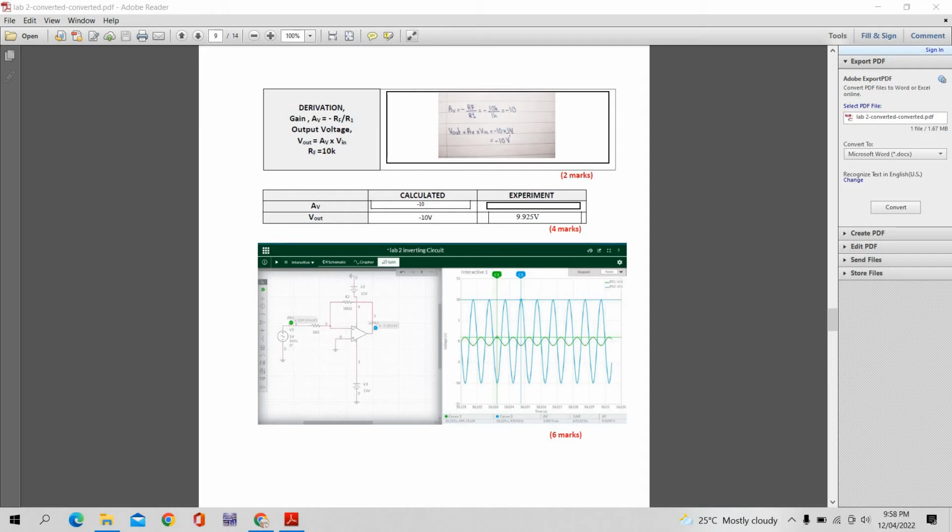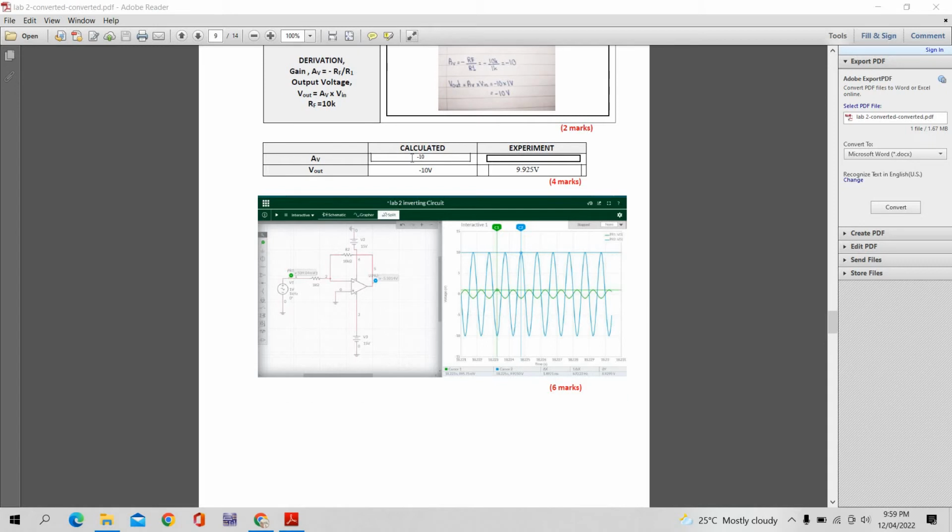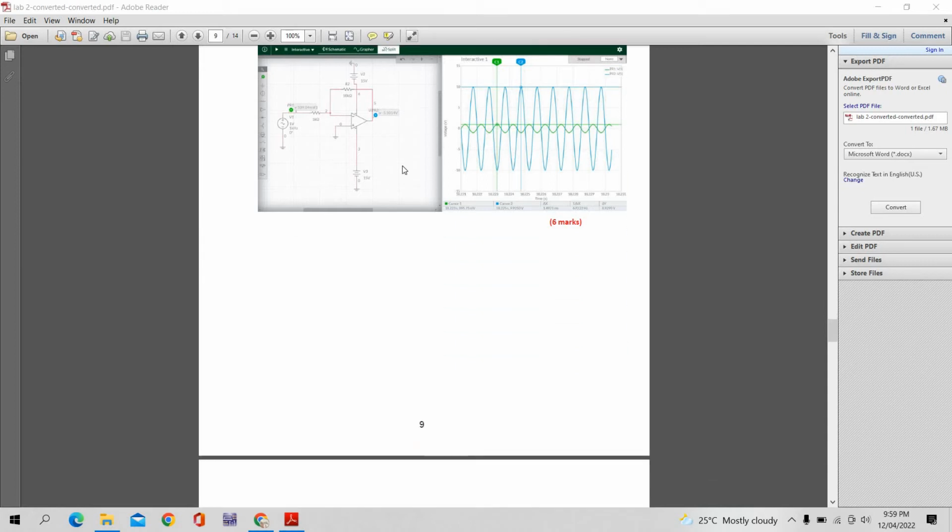And the V out from the calculation, using the same formula as the above circuit, is negative 10 volt. Here we have the measured value from the circuit. The value is 9.925 volt, which is almost the same as the calculated value.